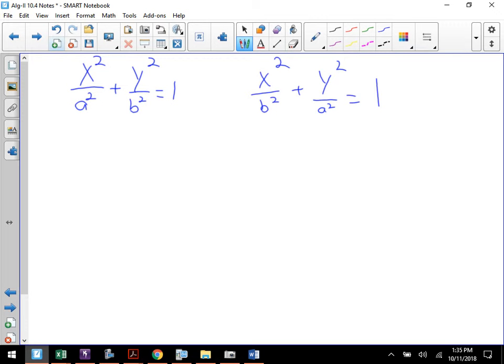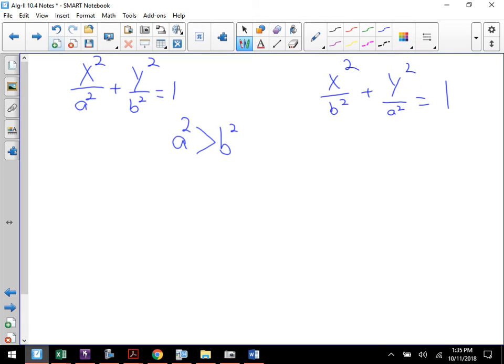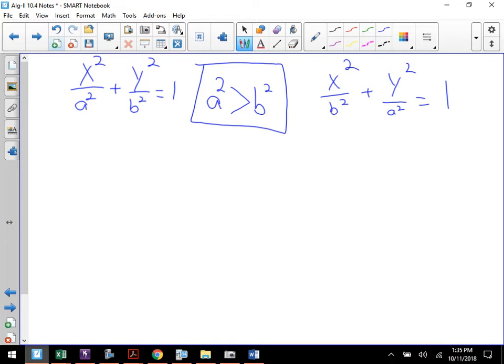With ellipses, the a squared value is always greater than the b squared value. The a squared value is always bigger than the b squared value. That's how you're able to tell what direction these things are being squished or stretched.